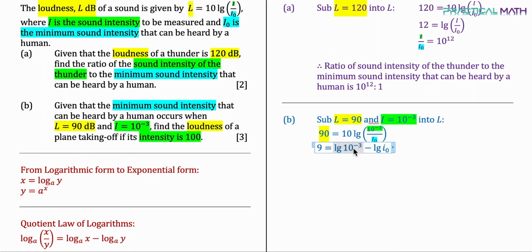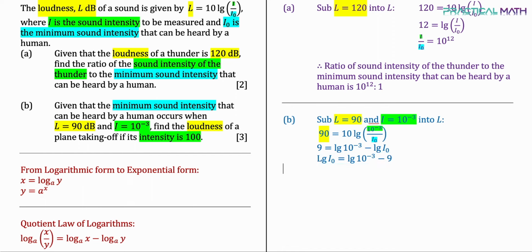So now we can make LG I naught the subject. So LG I naught is equivalent to LG 10 to the power negative 3 minus 9.